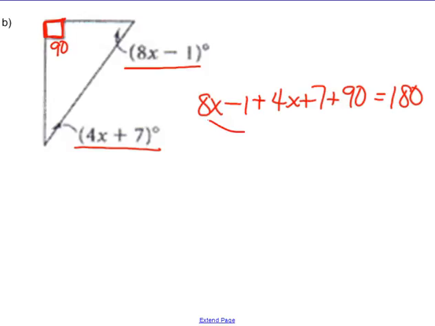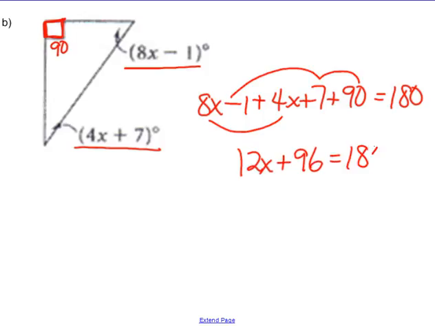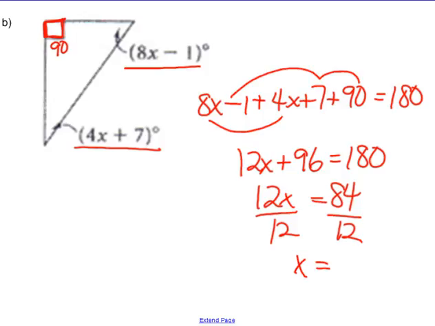All right, so the first thing we have to do is combine like terms, 12x, and we have that right there, 97 minus 1 is 96, so plus 96 equals 180. 12x equals 180 minus 96, which is 84. Divide by 12, divide by 12, x equals 7.